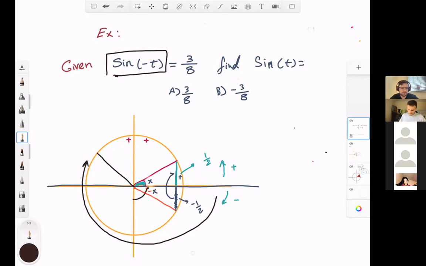Let's say this is 220 degrees, negative 220. We end up being here, and sine is positive. Now, sine of positive t, positive 220, will go all the way over here. So it will be negative 3/8.